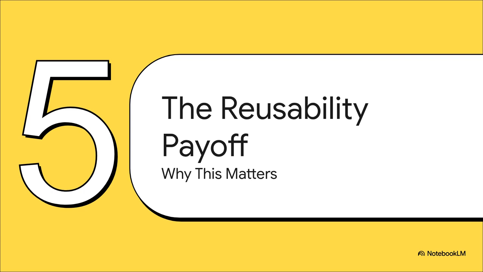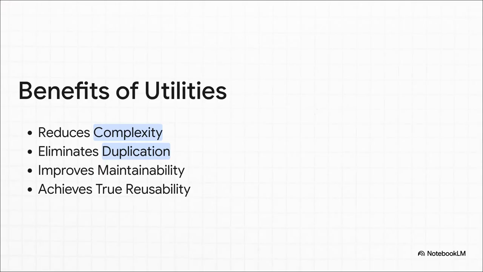And look, this is about more than just making your code look pretty. This is about a really fundamental principle in programming that has some massive benefits. So let's talk payoffs. Your tests become way less complex, you completely eliminate that duplicated code, but for me, this is the real magic, maintainability. Imagine the library you use to read Excel files gets updated. In the old way, you'd have to go change that code in 10, 20, 100 different files.